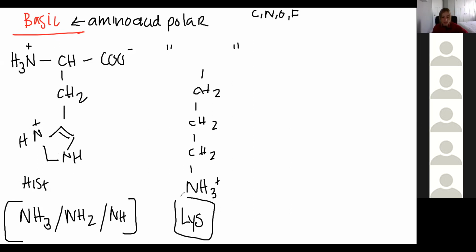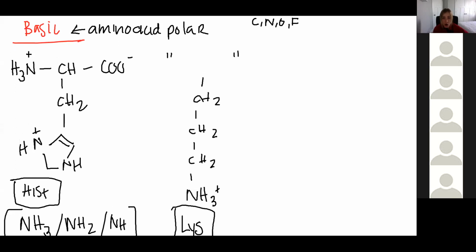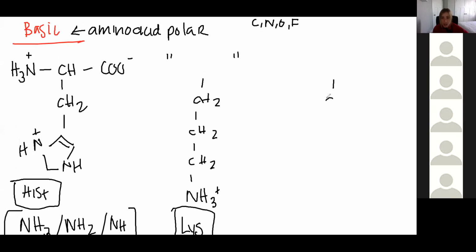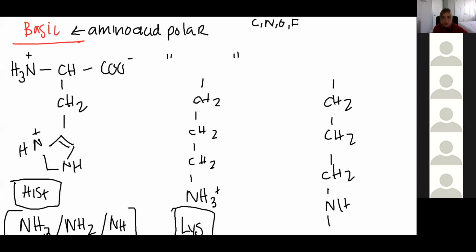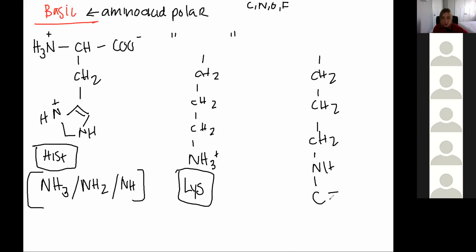Lysine, histidine, and then another common one, I already wrote arginine. It's the same exact thing, a big long carbon chain. And then here we'll have NH with a double bond, and then another carbon double bonded to an NH.